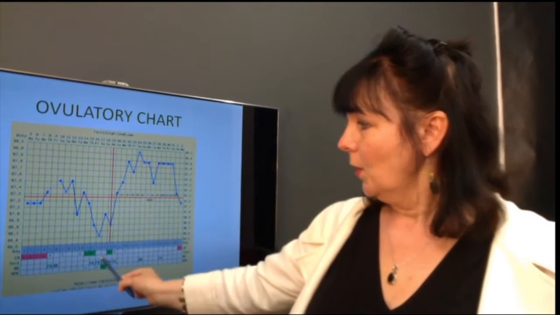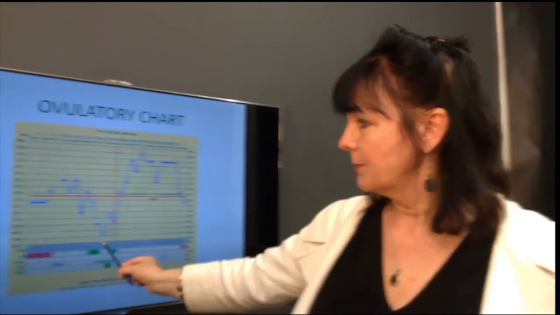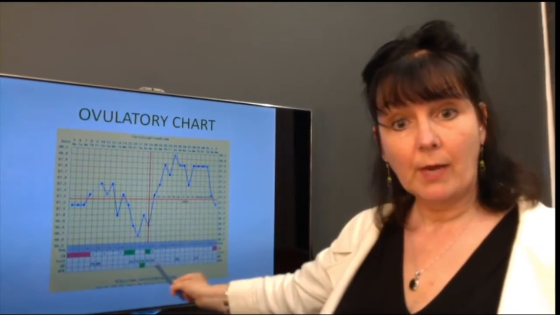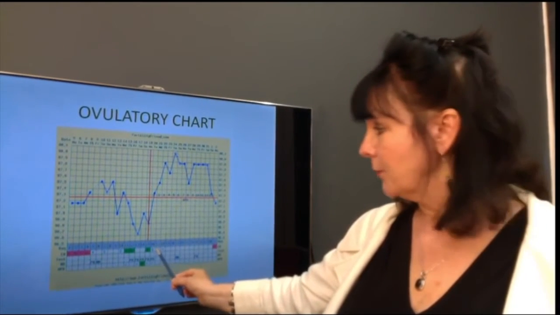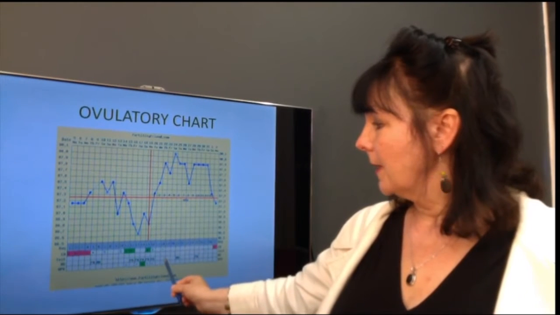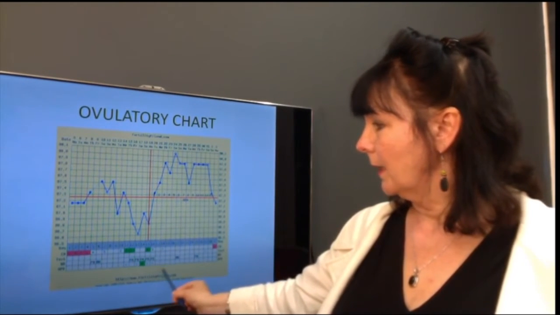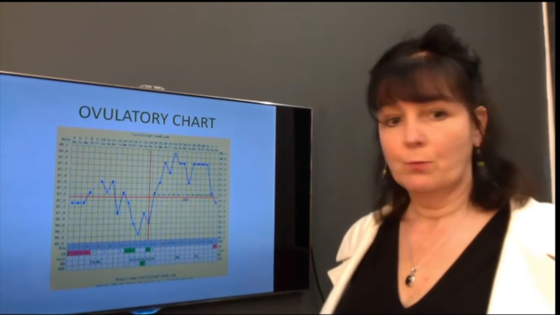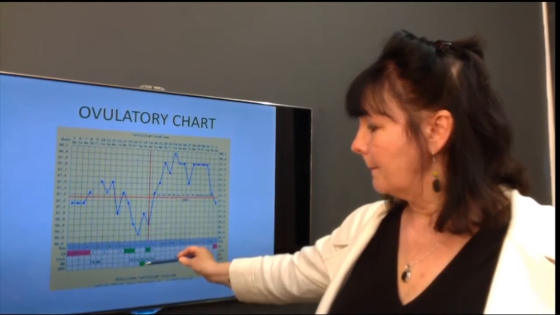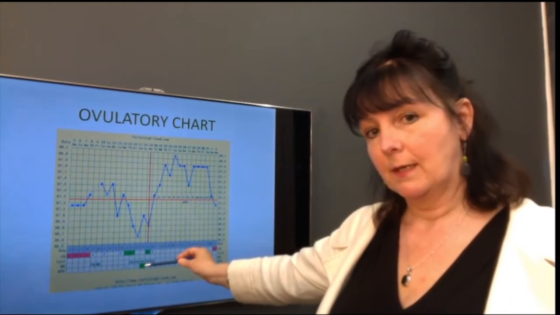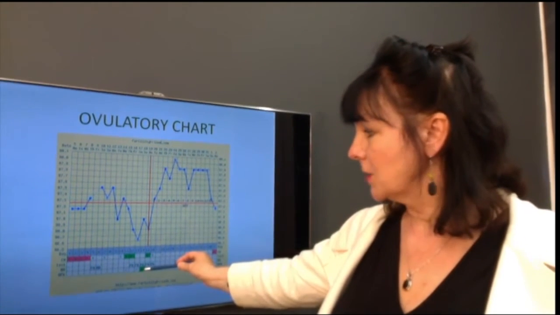What you can also see is she's producing the correct kind of cervical mucus just leading up to her cycle, which is brilliant. And you can also see that this woman has used ovulation predictor kits, and this one happens to be very accurate in that it's predicting ovulation, but it predicts it the day before.